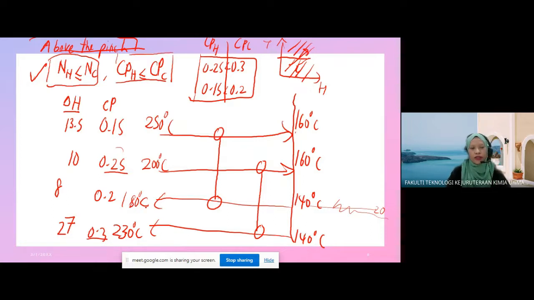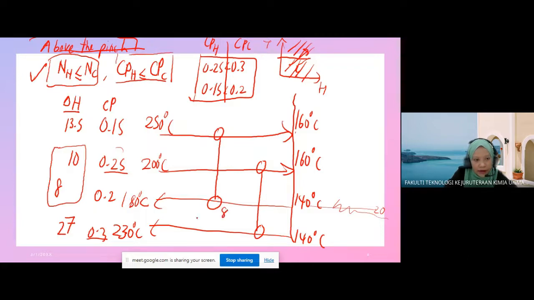Now we are going to design in such a way that we have a minimum number of heat exchanger units. So we need to choose the minimum delta H, which is equivalent to the maximum delta H that we can pair. Take the two lowest ones.